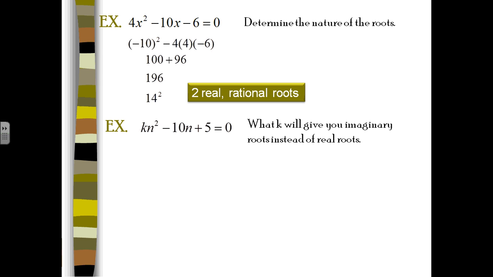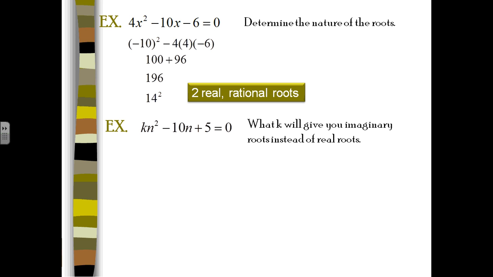All right, what else could we do with this? Well, what if they ask us to figure out a specific value for one of our parameters, a, b, or c, that's going to produce a certain type of root? So in this case, we're looking for k, which is in the a position, and it says what k will give you imaginary roots instead of real roots. So what we're going to do is set up an inequality, because we want the imaginary roots, it's going to be less than 0, for our discriminant.